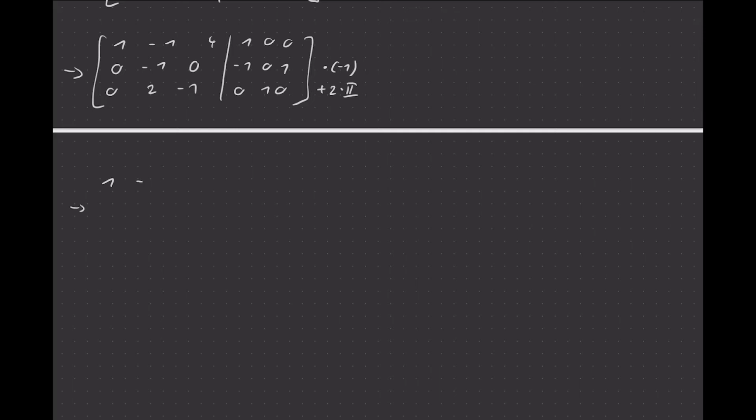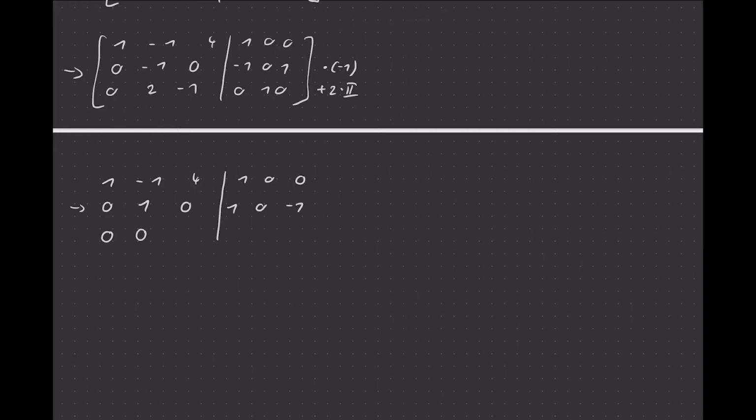Okay, the first row is just being copied once again. The second row is being multiplied by minus 1. So here's 0 plus 1, 0. And the right-hand side becomes 1, 0, minus 1. And the third row, the 0 here stays, here we get 2 minus 2, that's 0.